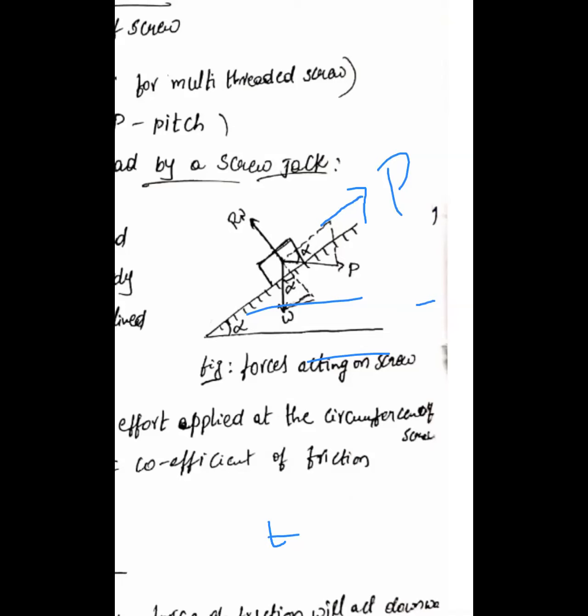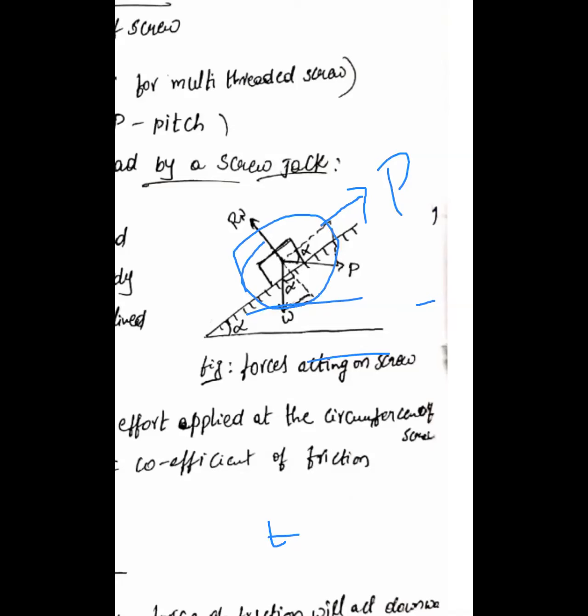Now all of you observe that here alpha is there. W is also making an inclination, the value of which is alpha.